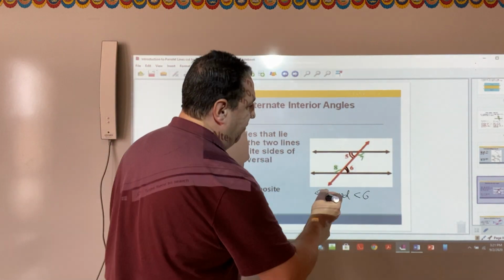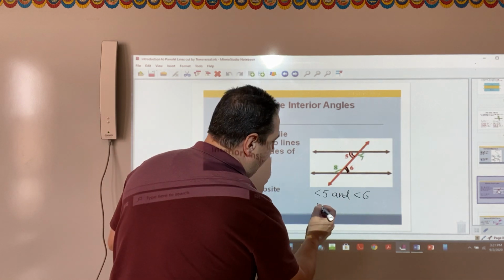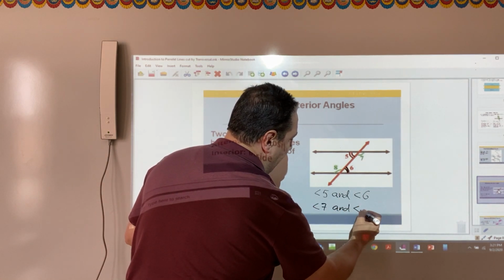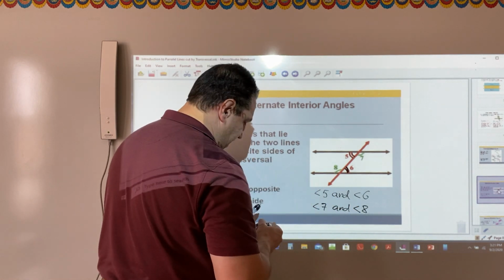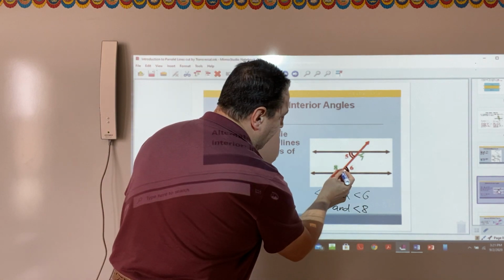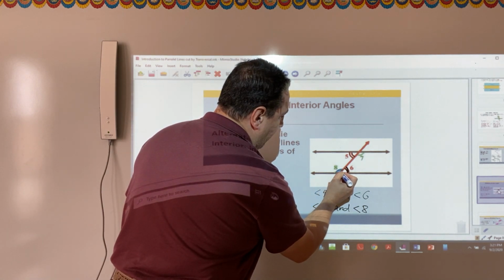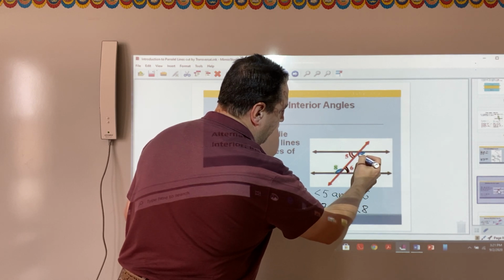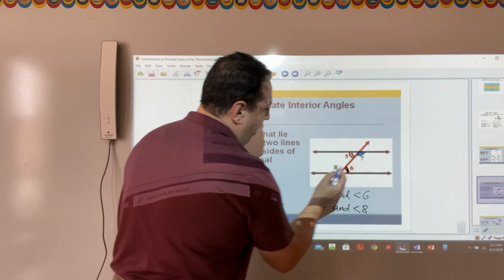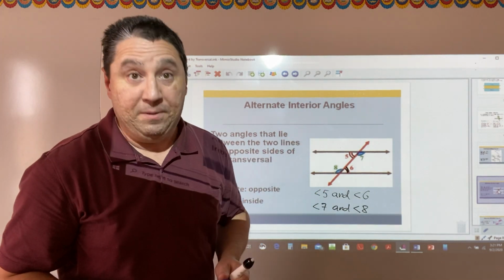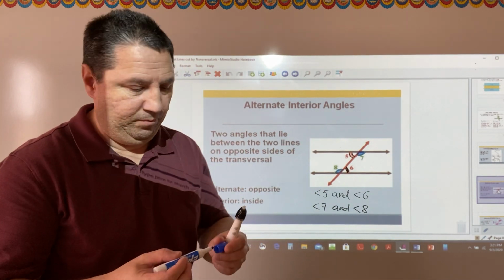Other alternate interior angles are angles 7 and 8. Again, as you can see, 8 and 7 are inside the parallel lines, but on opposite sides of the transversal. Good.